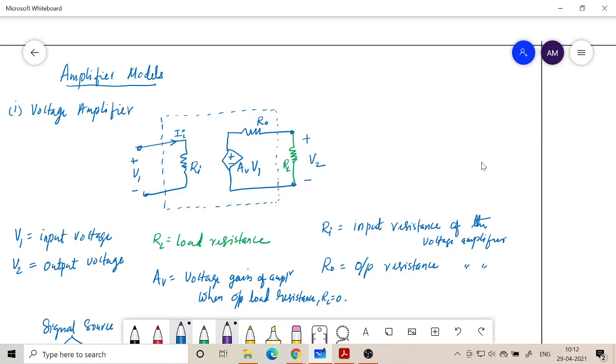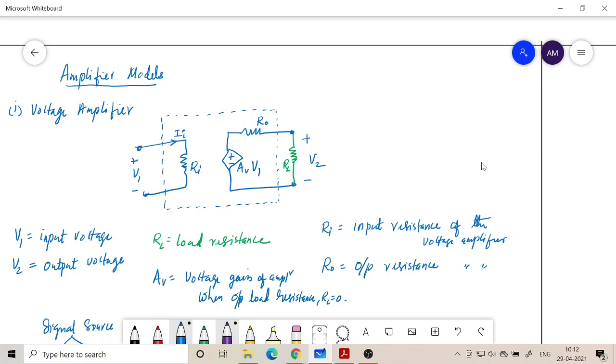So this side we can say is the input side, and the other side is the output side. For the dependent voltage source on the output side, the magnitude of that voltage depends on the voltage applied across the input resistance Ri. I told you, Ri is the input resistance of the voltage amplifier.